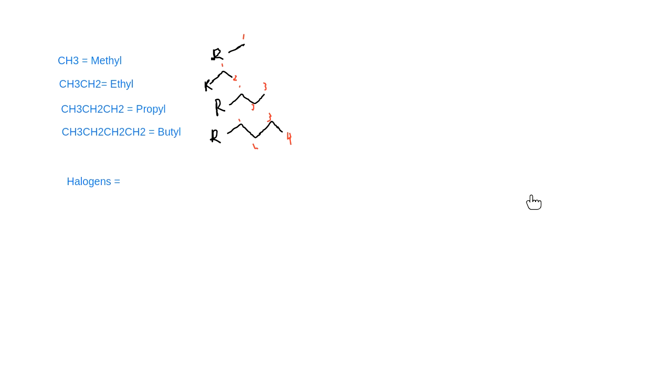So if we have branches coming out of our parent chain, which is the longest carbon chain, those are considered substituents. And I'll visually show you what I mean. Okay, any other questions? All right.